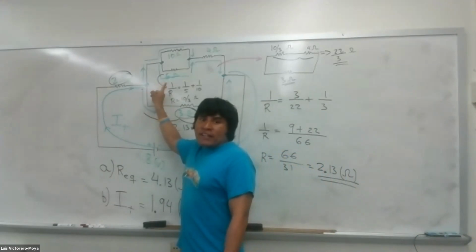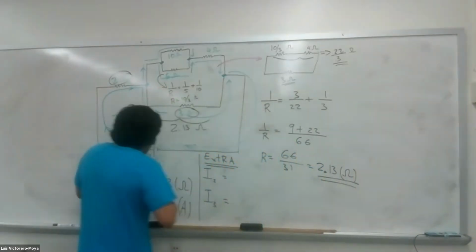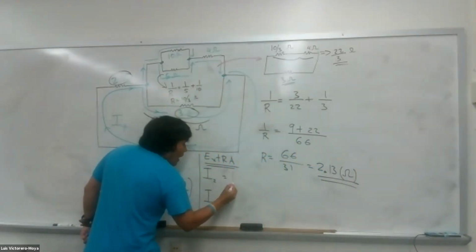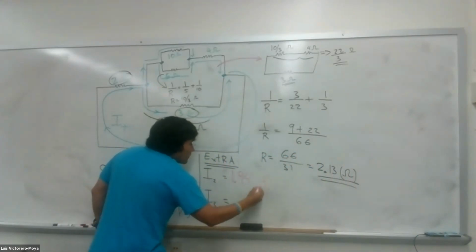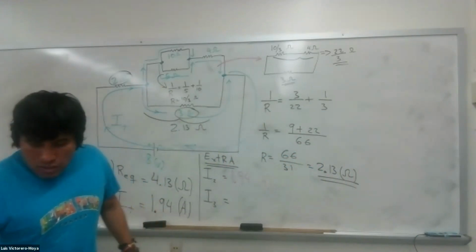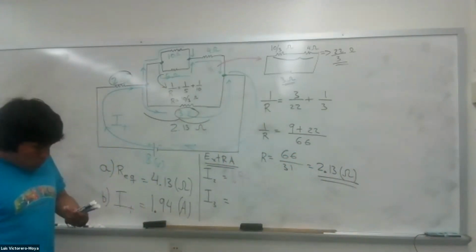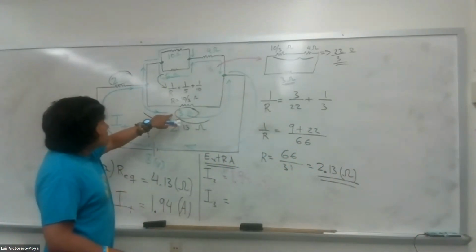It only splits when it enters the loop. So very good. The current on 2 is 1.94 amperes. Almost done. Now, let's find the current on 3.